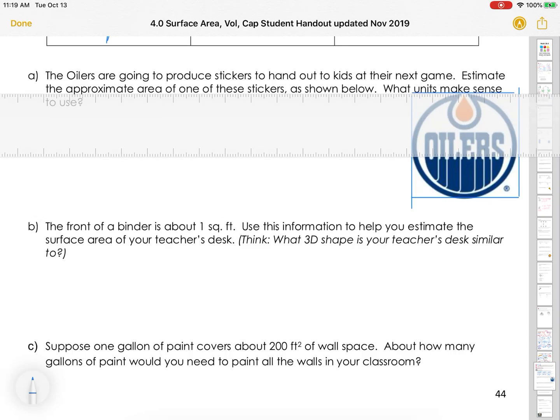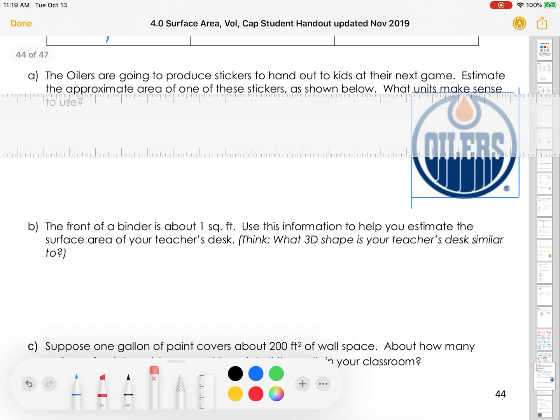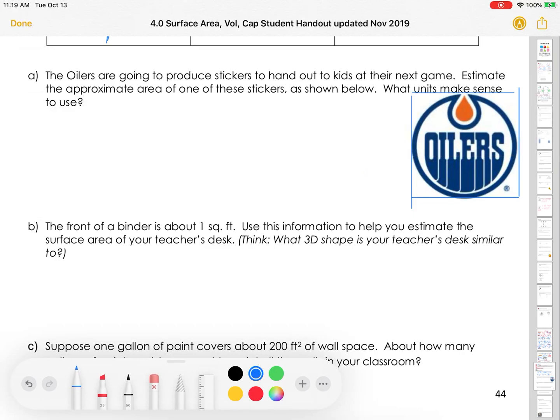My ruler's not going to be exact anyways because my screen is not exact. I'm looking at it on the screen, you're looking on your page, and I'm assuming I'm close to 100%.